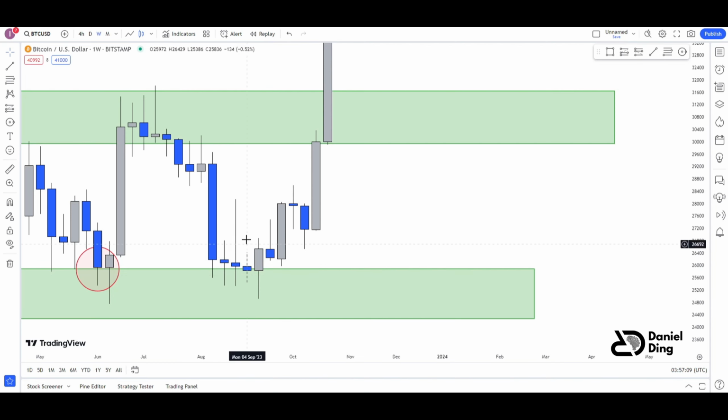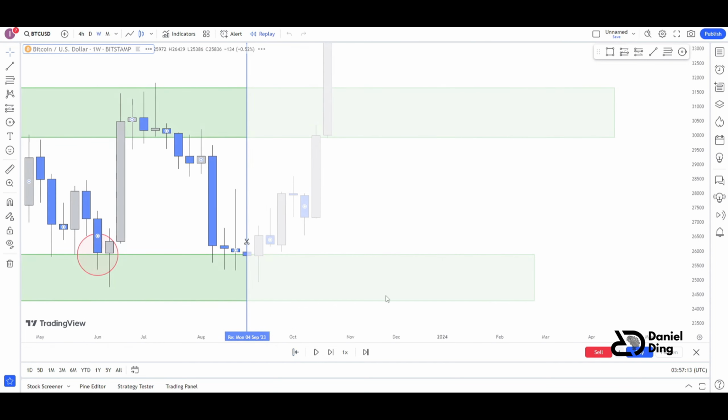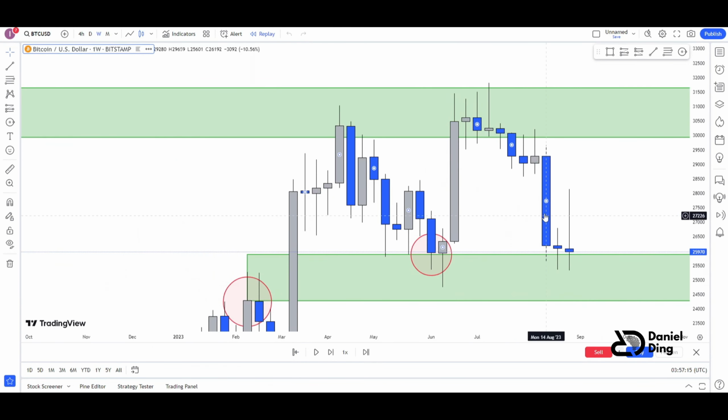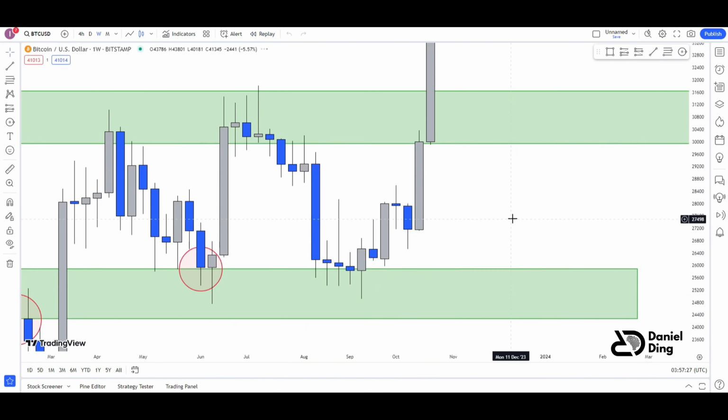An inverted hammer means that there is selling pressure, that price might go down and might break the base. But as you see, what happened to the price? Price rallied and broke through.